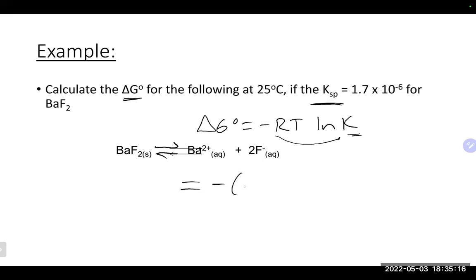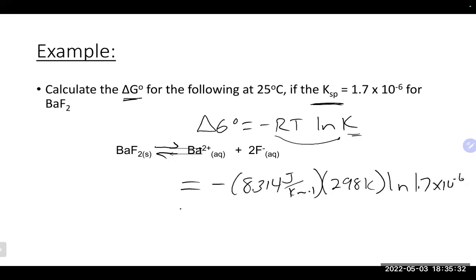So we are going to go with minus 8.314 joules per Kelvin per mole. Our temperature here, making sure we convert it to Kelvin, is 298. And natural log of 1.7 times 10 to the minus 6.